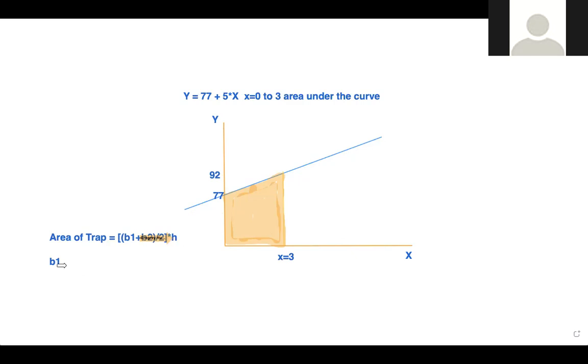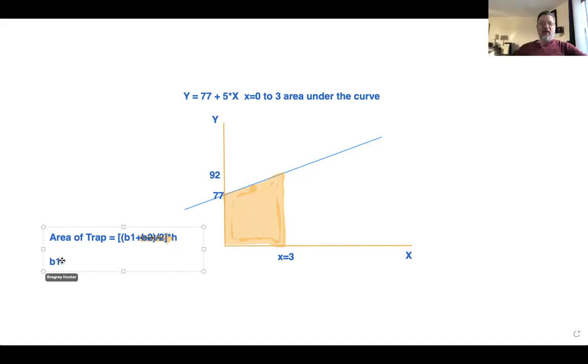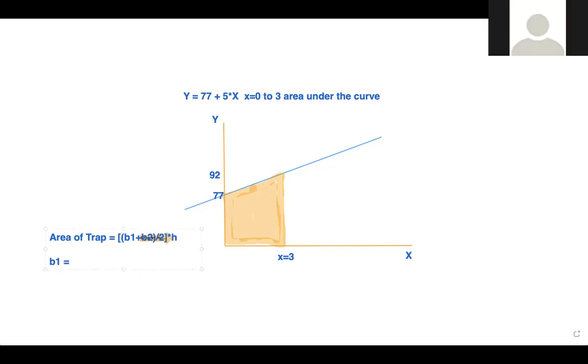B1 is 92, okay, that will work. But that's fine. And B2 is 77. Right. Yeah, just divided by 2. Okay, and then what about H? The 3. Yeah.